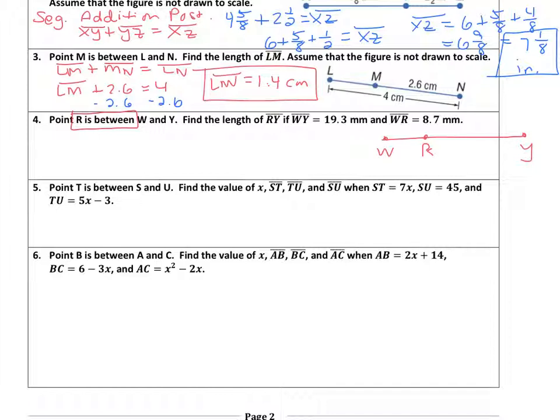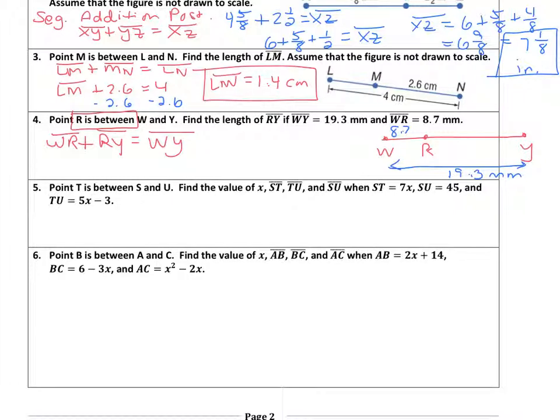Find the length of RY if WY, so we're told the length of the whole here, WY is 19 3/10 millimeters, and WR is 8.7 millimeters. Segment addition postulate always. So WR plus RY equals the length of the whole, WY.